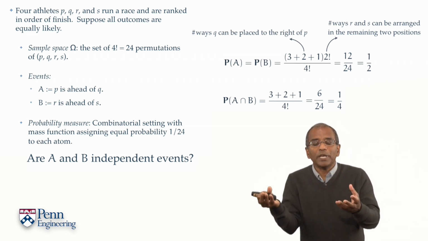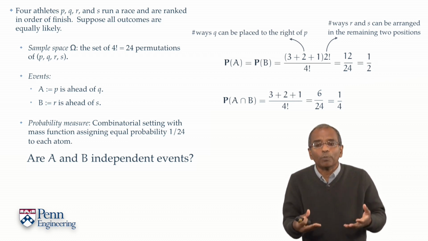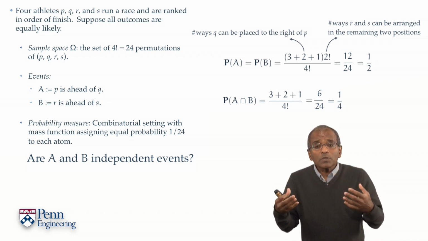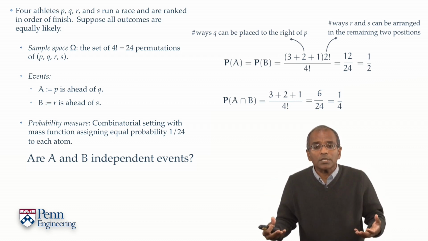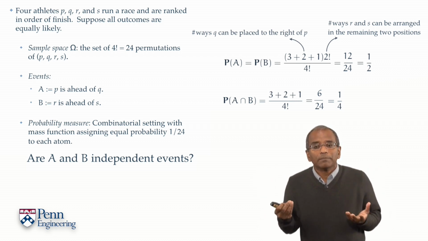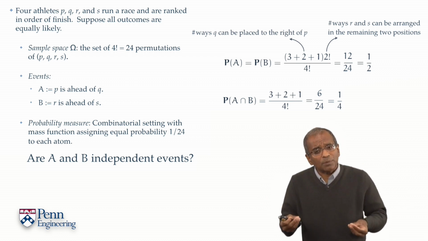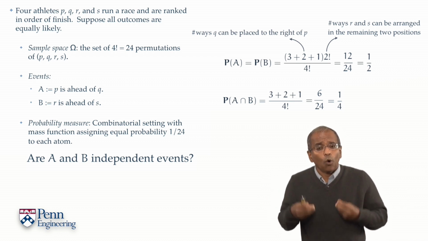Therefore, once you've placed P and Q, R and S are also placed, and therefore there are 3 plus 2 plus 1 outcomes favorable to the joint occurrence of the events A and B. Again, out of 24 possible outcomes, and therefore the chance of A intersection B is 1 in 4.